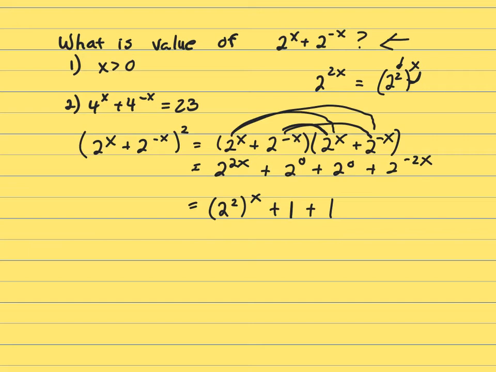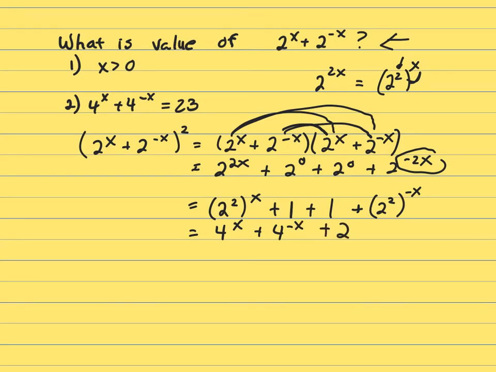And I lost my x. So this is plus 2 squared to the negative x, because 2 times negative x gives me that negative 2x. So now I have 4 to the x plus 4 to the negative x plus 2.